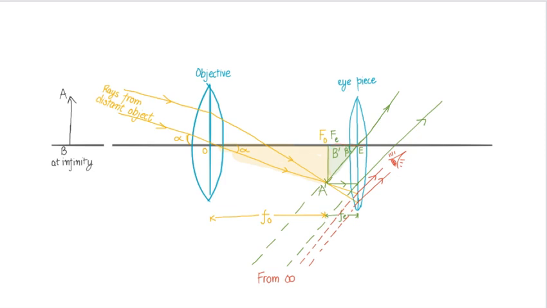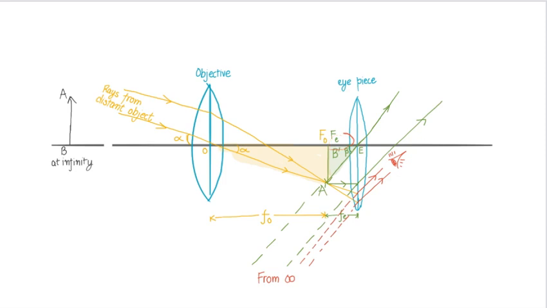Your incident light is in this direction, whereas you are measuring this distance from the center to the object EB', which is opposite to the incident light. So will this be positive or negative?